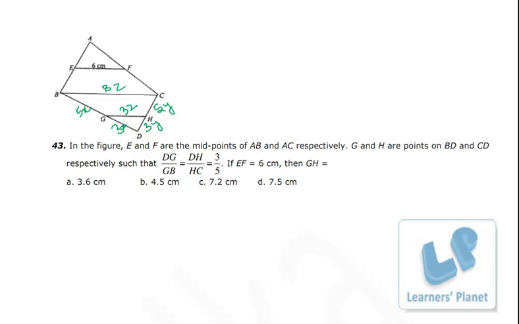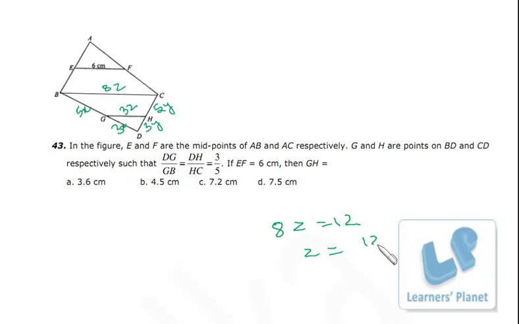Now, an application of the midpoint theorem has been used over here. In triangle ABC, E is the midpoint of AB and F is the midpoint of AC. So EF will be parallel to BC and the length of EF will be half that of BC. Since EF is equal to 6, BC should be double of 6, that means 12. So 8z is equal to 12.